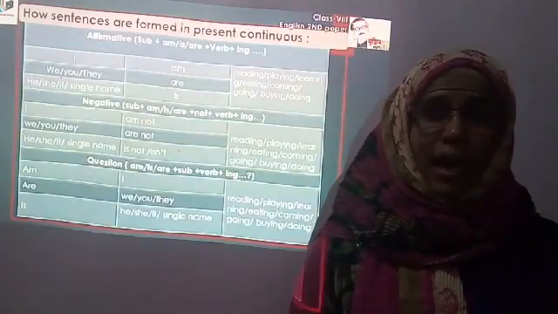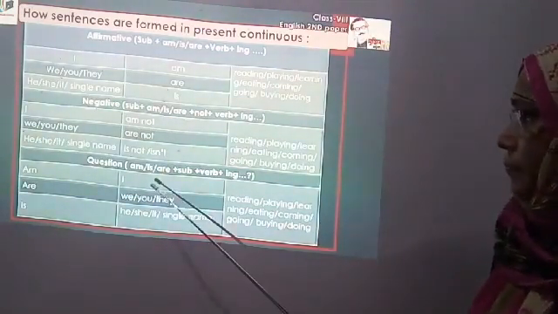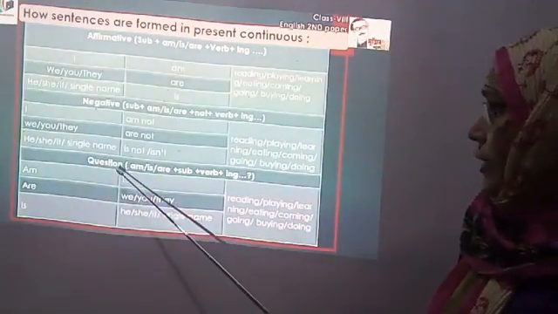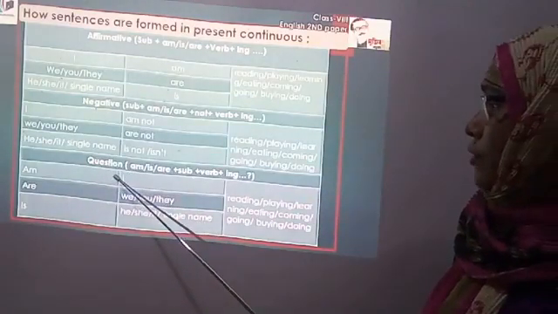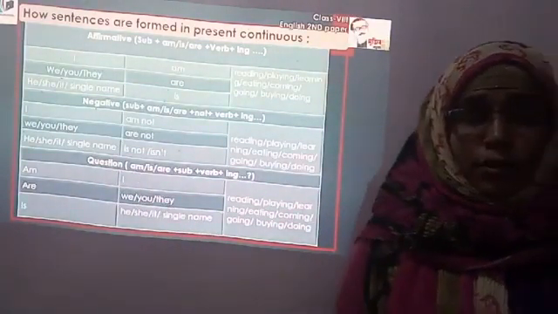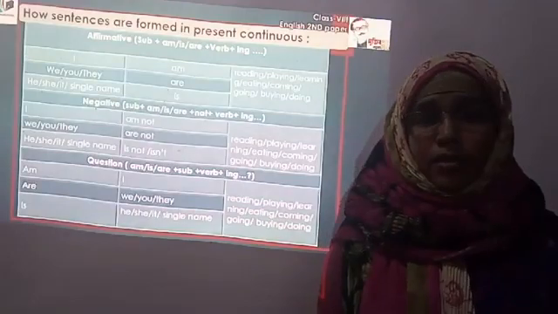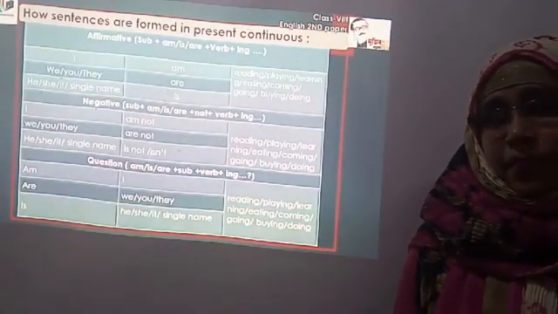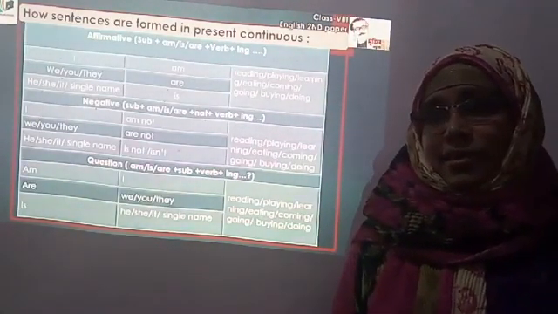And let's see how we can form the question in present continuous tense. This is very simple also. You just write the sentence using the auxiliary verb first. At the beginning of the sentence, you have to use an auxiliary verb.